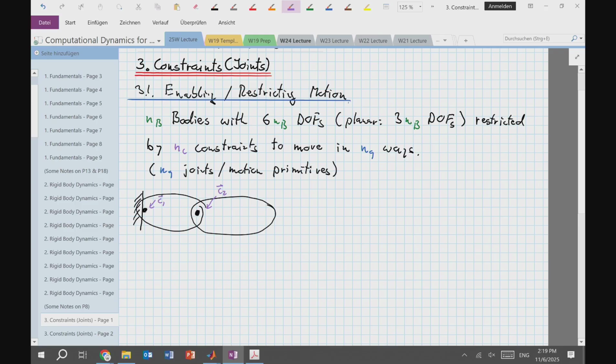And those are multidimensional constraints. In 3D, each pin would restrict 5 directions of motion. In 2D, each pin would restrict 2 directions of motion. And because of that, my bodies, B1 and B2, cannot move independently anymore. And if I want to, I could describe the remaining motion simply through these motion primitives, in this case, the angles of the rotational joints.